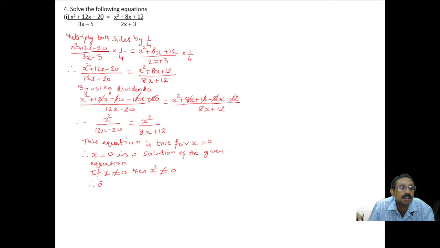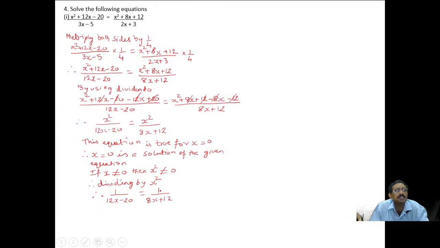When we divide by x square, x square gets cancelled here, x square gets cancelled here. Therefore, what we will get is 1 upon 12x minus 20 is equal to 1 upon 8x plus 12.